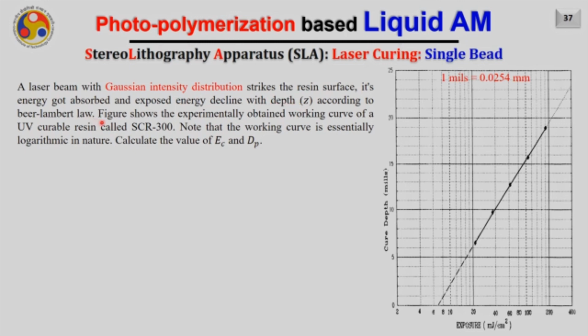It is further said that the figure shows the experimentally obtained working curve of a UV curable resin called SCR300. Note that the working curve is essentially logarithmic in nature. It means that the curve you are seeing here, this straight line, is between the curing depth CD and the log of Emax.